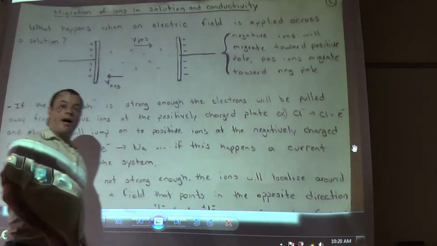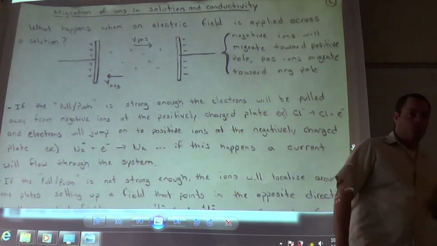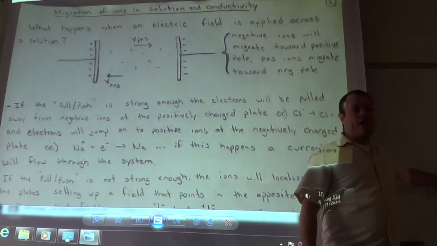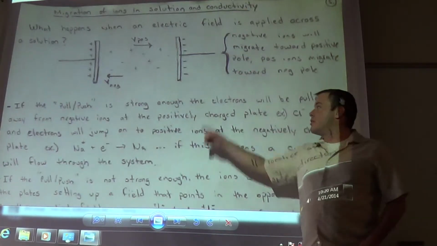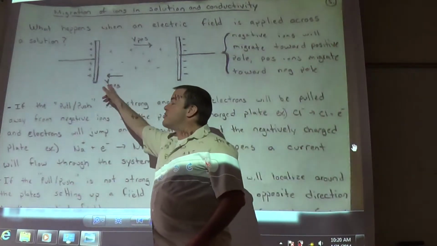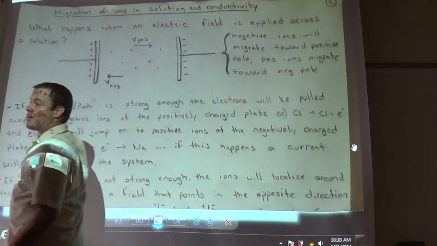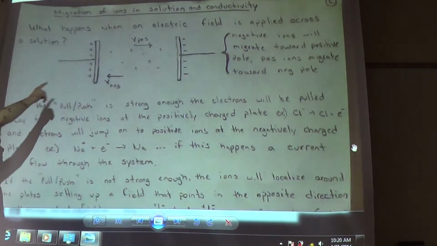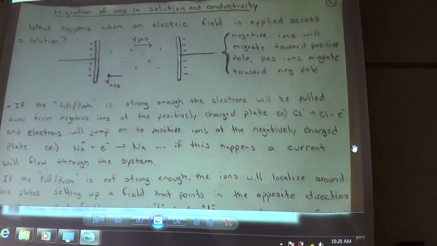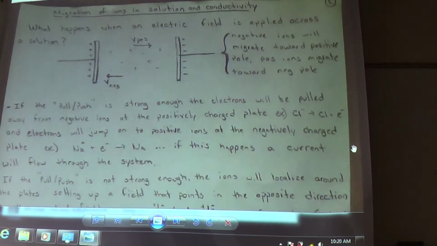If you want to know how these fields are calculated, go take electromagnetism. They always go back to this equation. You can use that R squared force law equation to derive the magnitude of the field between those two plates as a function of the magnitude of charge built up on the plates. Essentially, we're just building an electric potential across that system by putting charge separation across it.